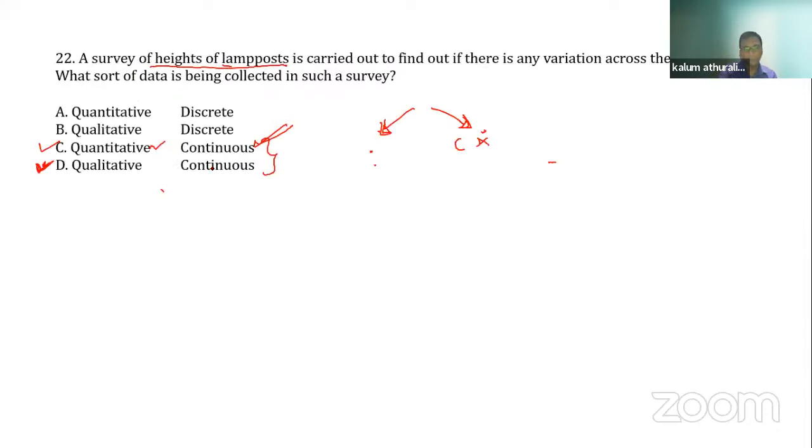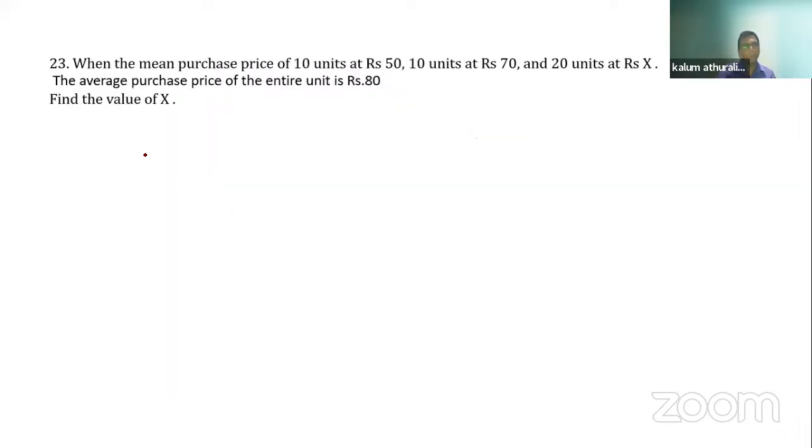Then, the mean purchase price of 10 units is 50, 10 units at 70 and 20 units at X rupees. The average purchase price of the entire units is 80.